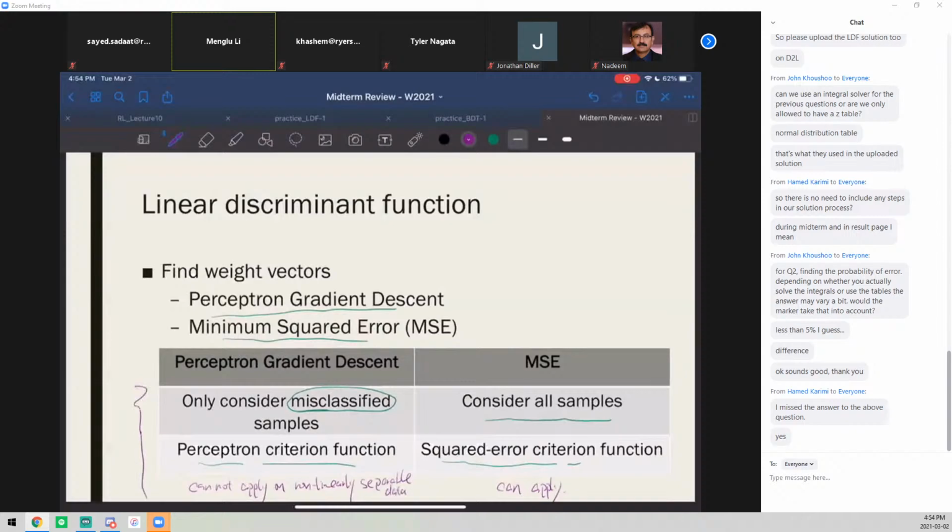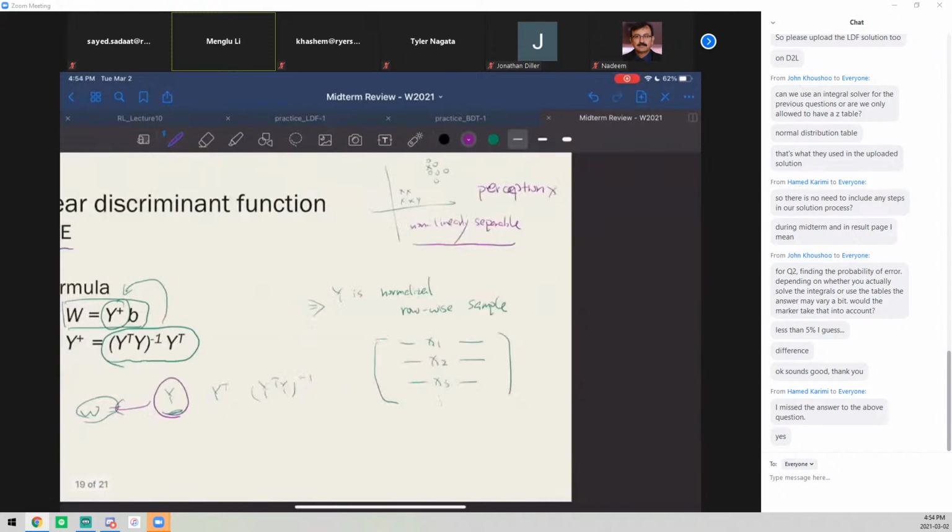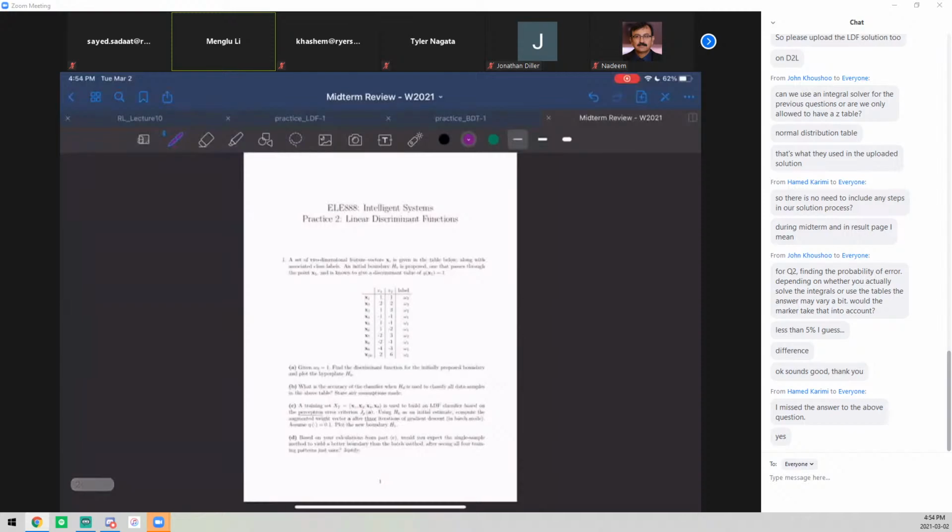There are three differences between these two methods. Okay, so that's all the concepts for the linear discriminant function part. So we go to the questions.